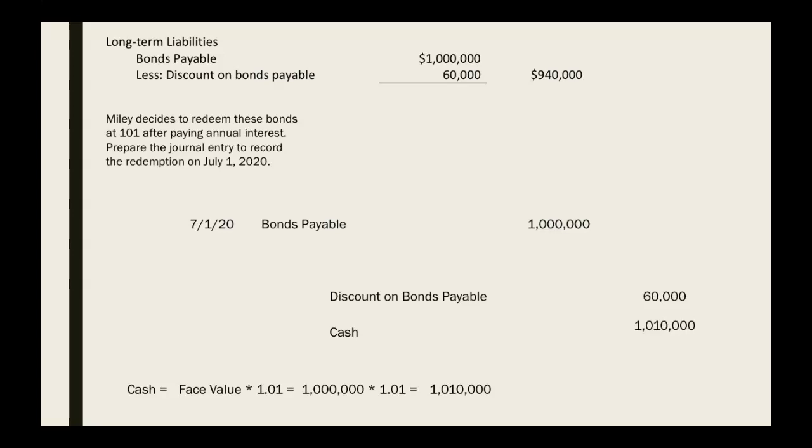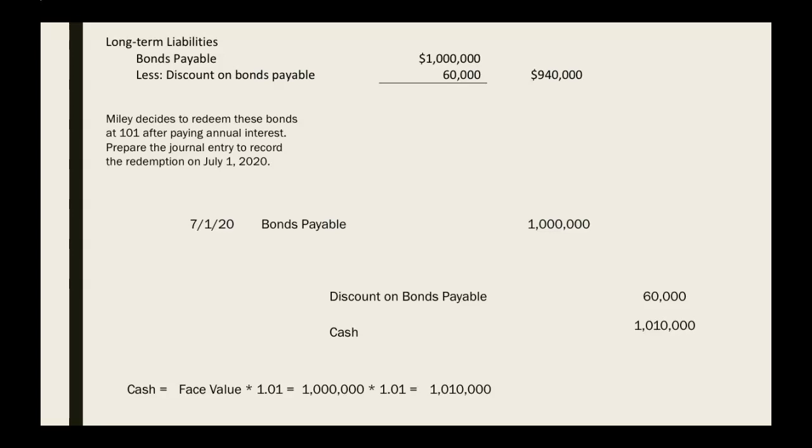So now the last account here is either going to be a gain or a loss on this bond redemption. Well, to figure that out, what we do is we compare our cash amount to the carrying value that we were talking about earlier. So our carrying value is $940,000.